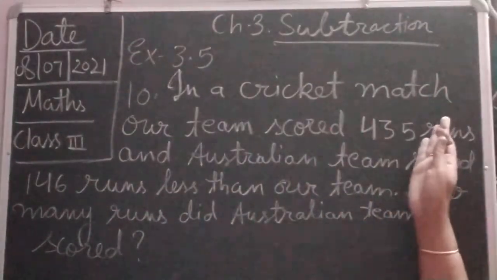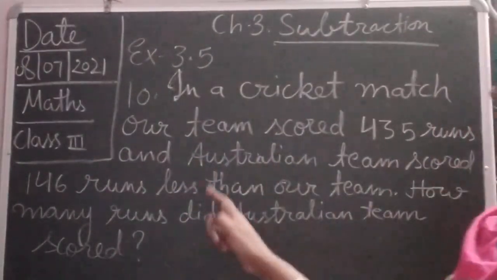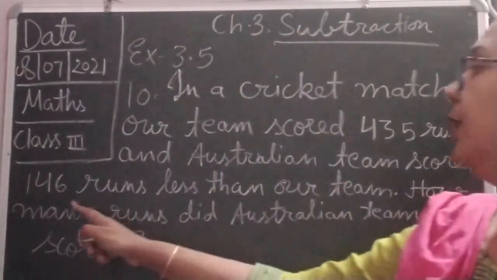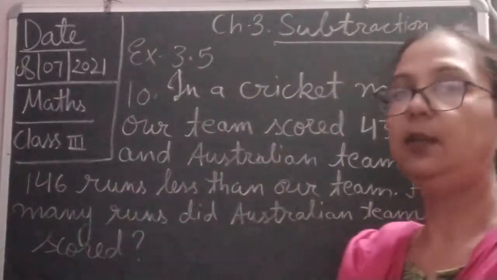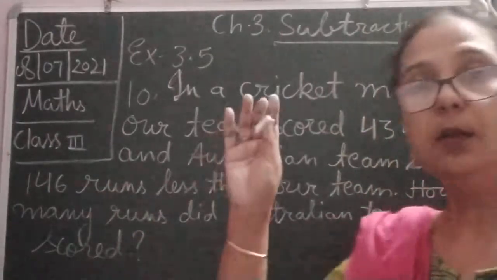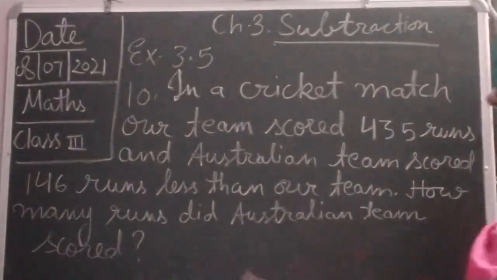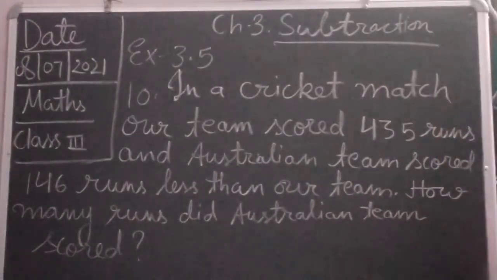In a cricket match, our team scored 435 runs and the Australian team scored 146 less. It means they scored 146 runs fewer than our team. How many runs did the Australian team score?